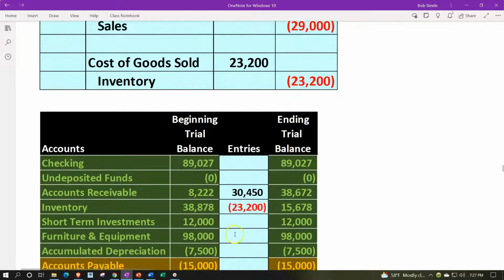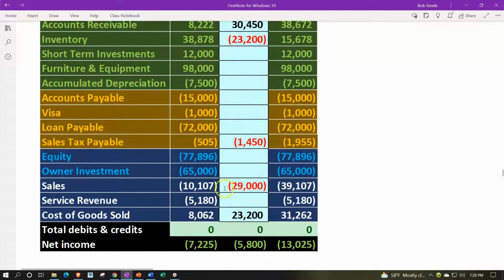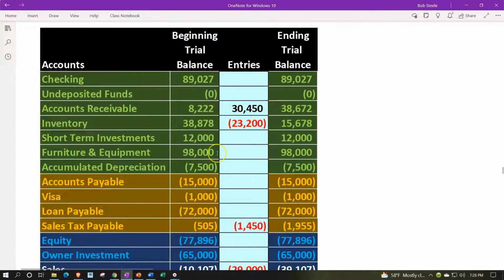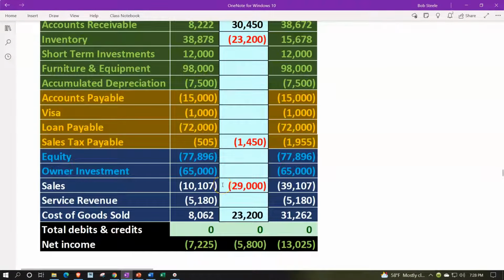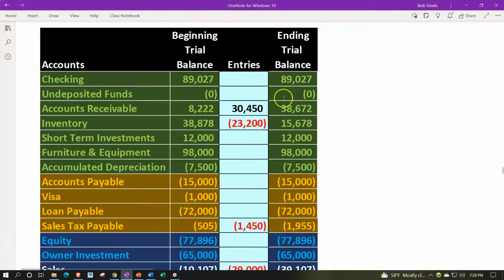What's the impact then? The accounts receivable was at 8,222, went up by 30,450, debited to 38,672. The other side goes to sales down here. So we've got the accounts receivable and then the sales going up from 10,107 by 29,000 to 39,107. So that's these two. Sales tax payable goes up by 1,450 to 1,955.